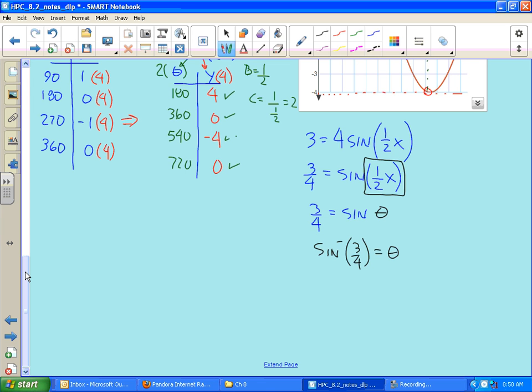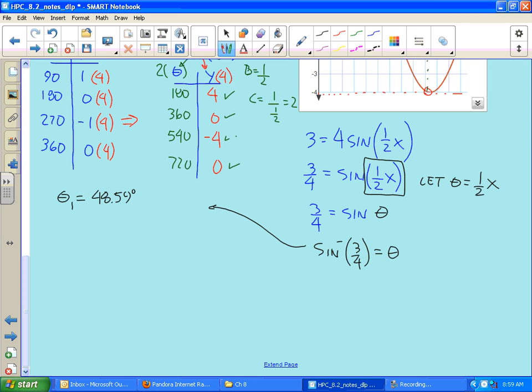So I would get here that theta 1 is equal to 48.59 degrees. But really, it's not theta, right? We let theta equal 1/2 x.